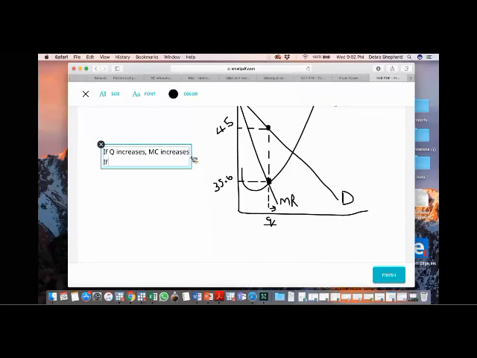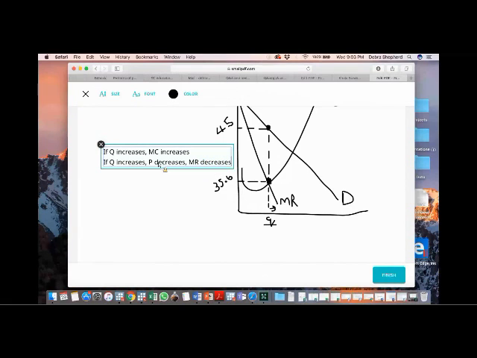If quantity goes up and you face a downward sloping demand curve, the only way you can sell more is if you charge less. And if you charge less, you're making less marginal revenue. So if quantity goes up, price decreases, and marginal revenue decreases. Okay, so that we can just see from looking at the graph.